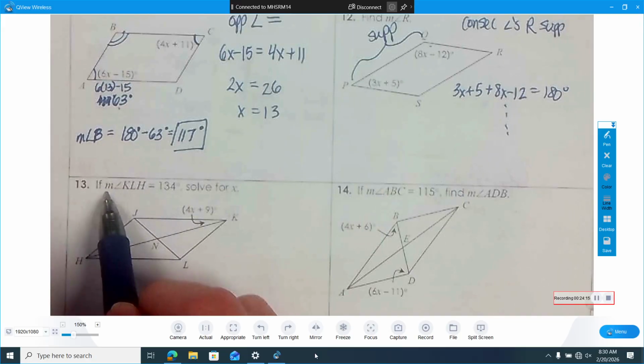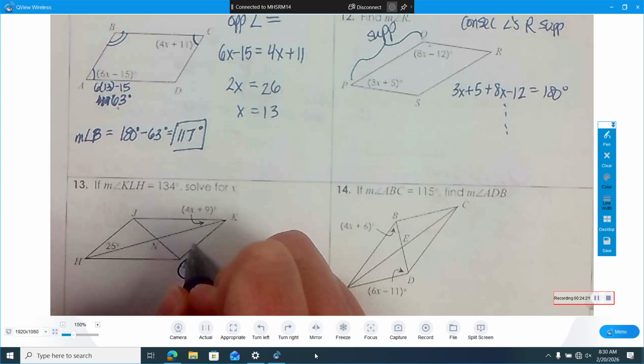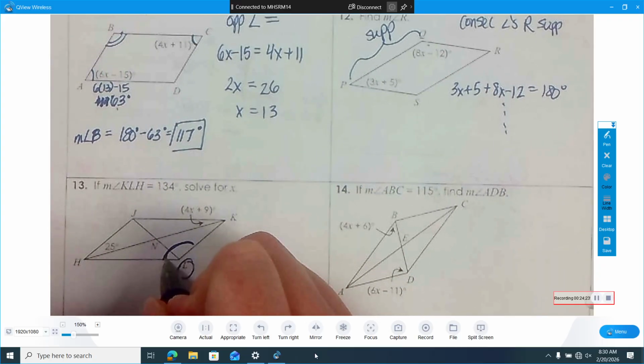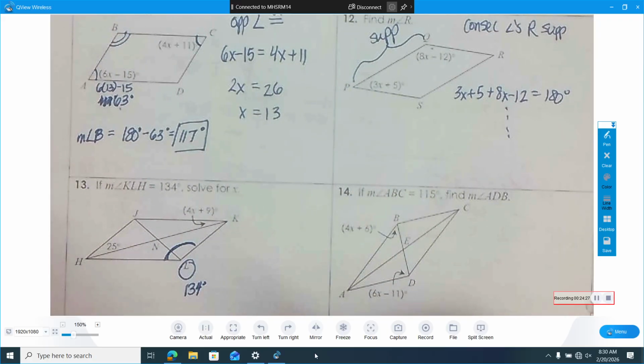Let's look at 13. The measure of angle KLH. That is the whole entire angle. The whole entire angle is 134 degrees. We want to solve for x. What are you guys thinking?